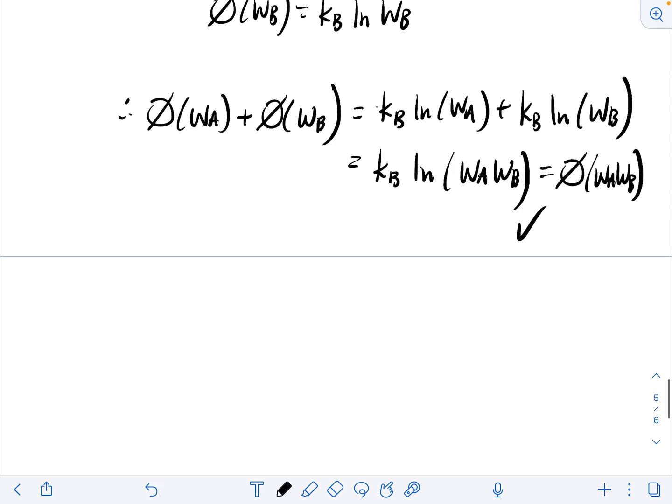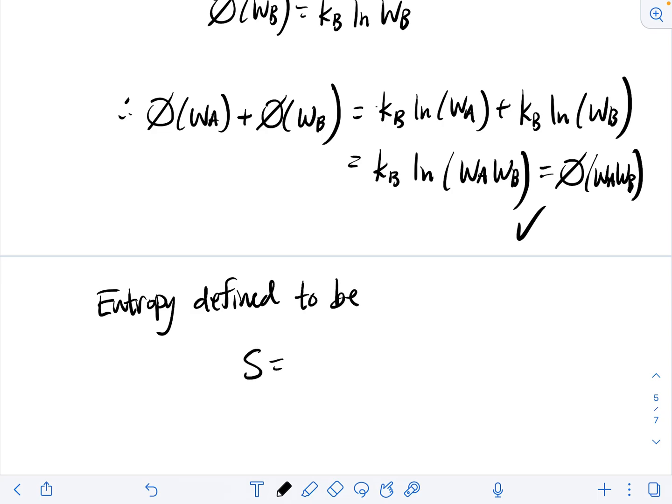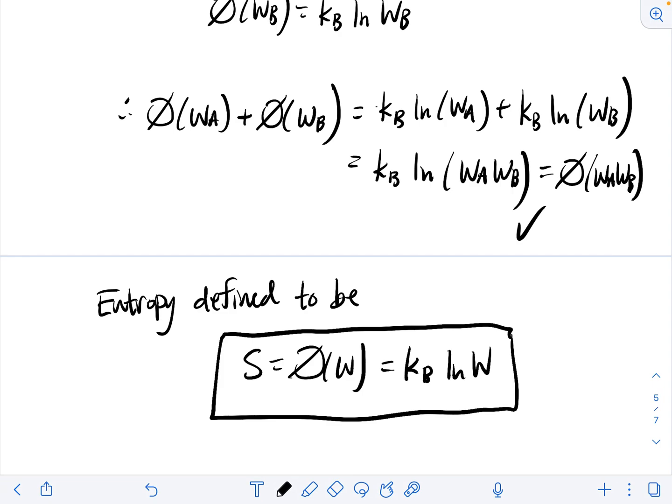So with this interpretation of entropy, we have entropy is defined to be S equals KB ln of W, where of course KB is Boltzmann's constant.